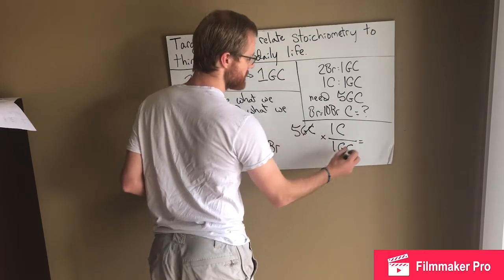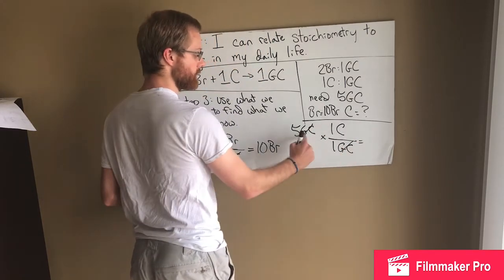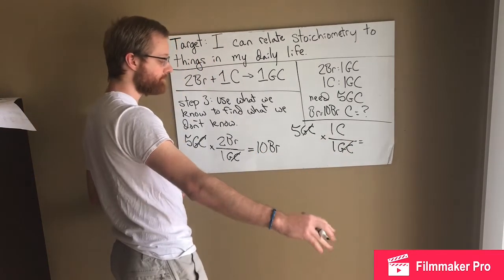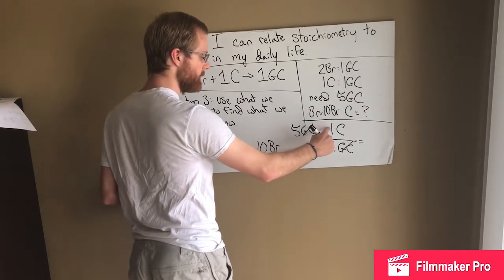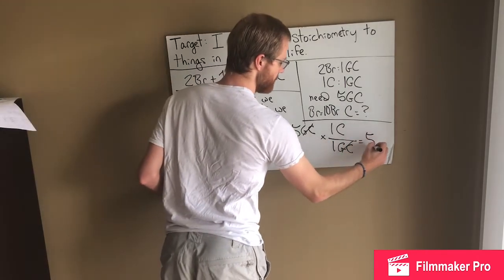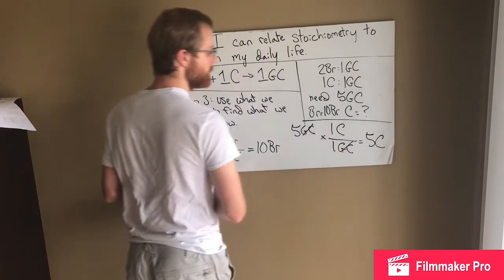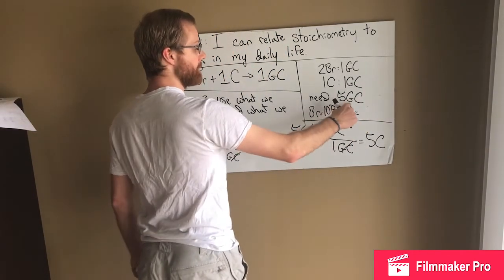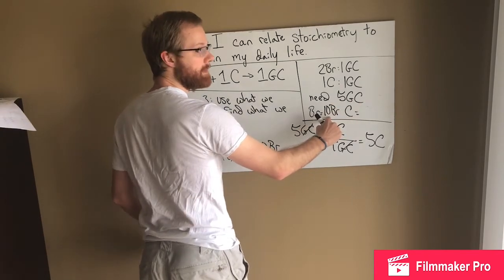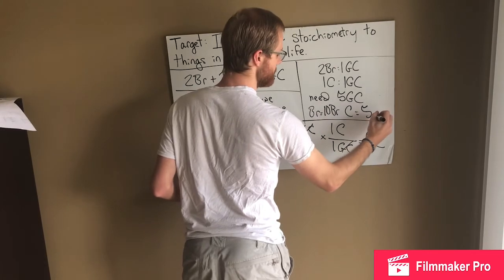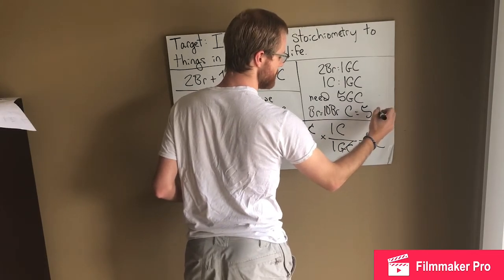So our grilled cheeses are going to cancel out because grilled cheese divided by grilled cheese equals 1. 5 times 1 divided by 1 equals 5 slices of cheese. So in order to create 5 grilled cheese, I'm going to need 10 slices of bread and 5 slices of cheese.